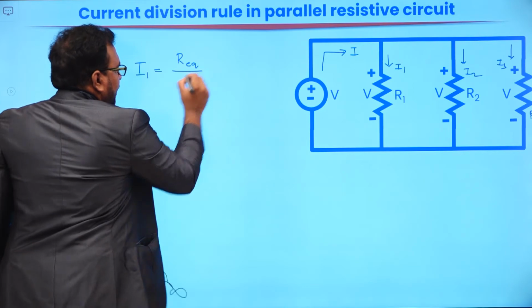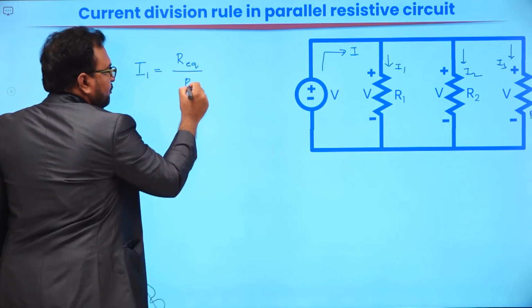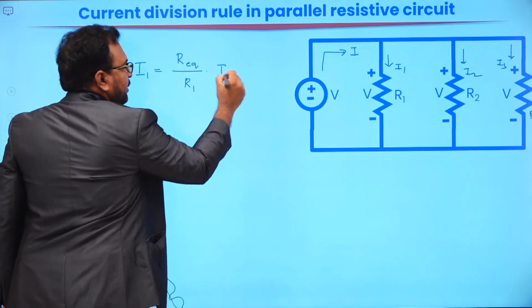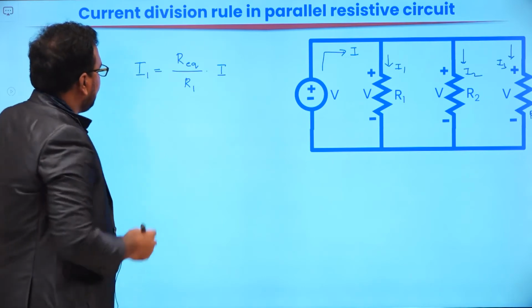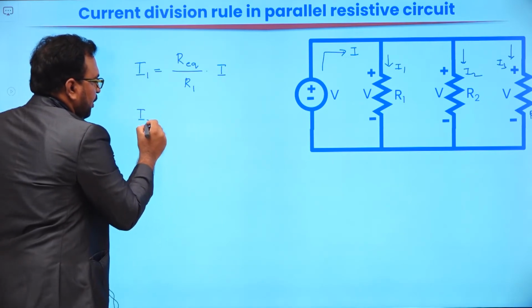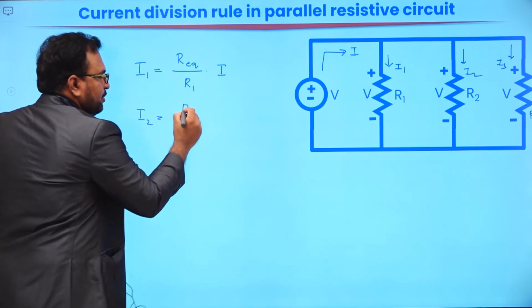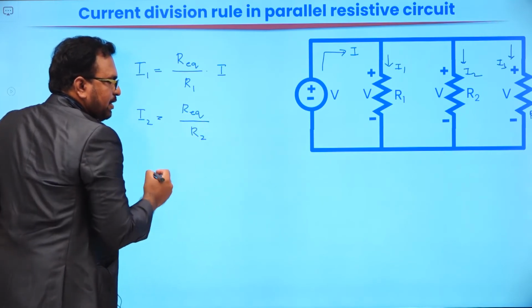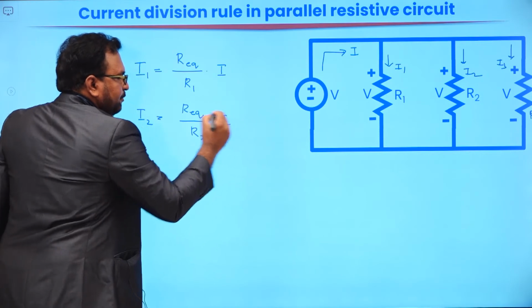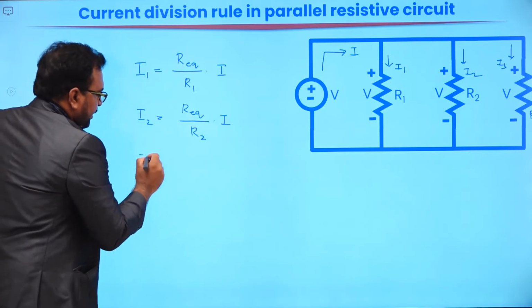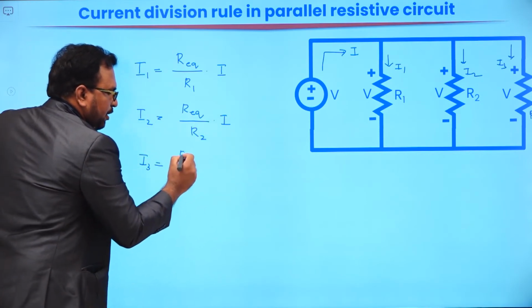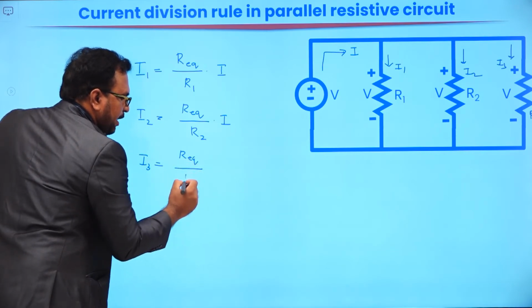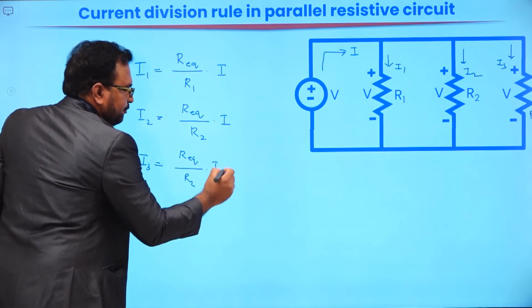Then divide it by the resistance value itself, multiplied by the total current I. Similarly, how will you obtain the value of I2? First, calculate R equivalent divided by the resistance R2 itself, into total current I. Similarly, I3 can be formulated as R equivalent divided by R3 into I.